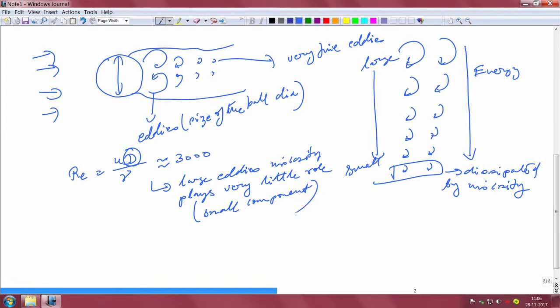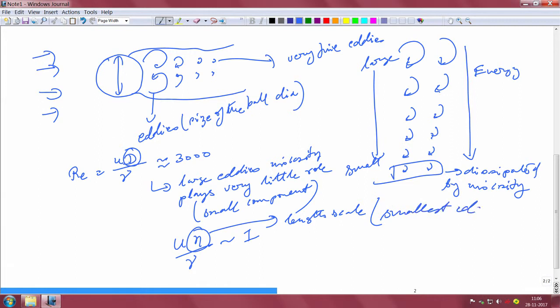But the viscosity will become important when your scale becomes of the order 1. So, at that particular length scale, which is basically the length scale of the smallest eddies, viscosity does become very, very important.